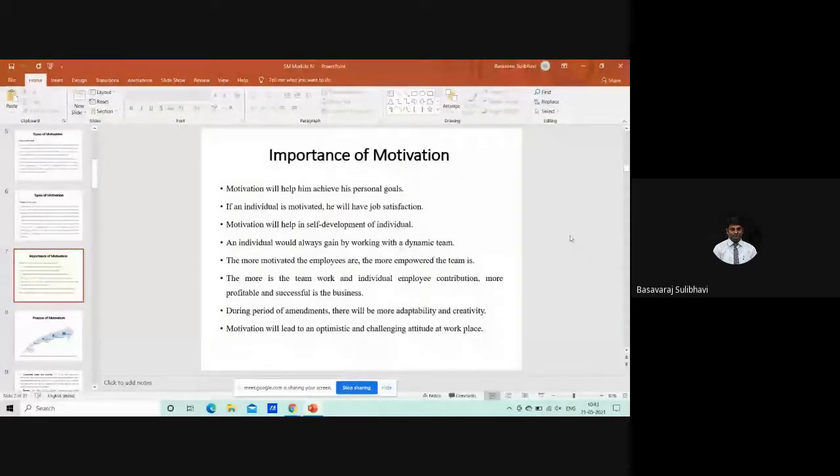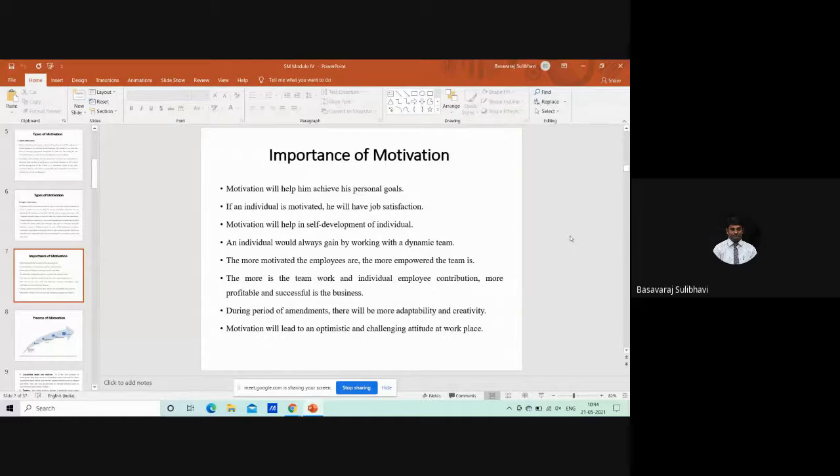So you should know better what different type of motivation different people expect from the organization. Some people expect money, some people expect promotion, some people expect to increase their skill or knowledge to improve their career in the field.